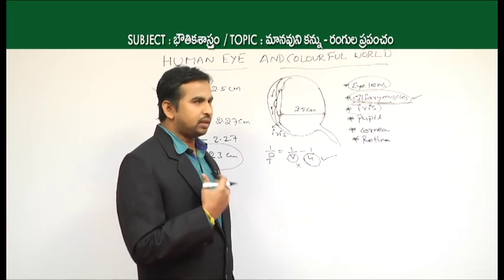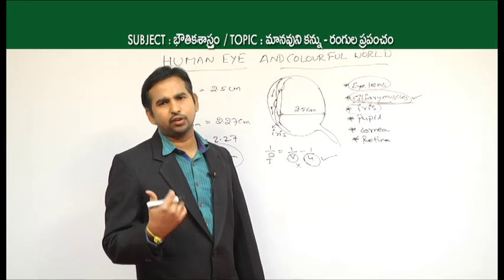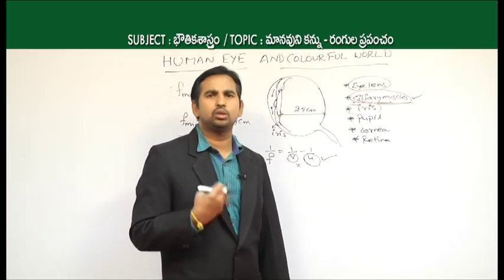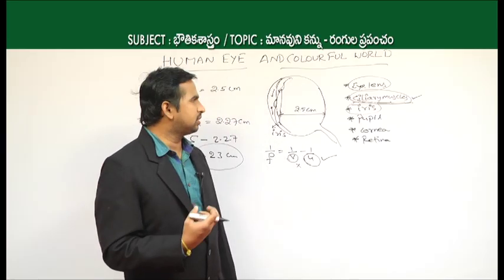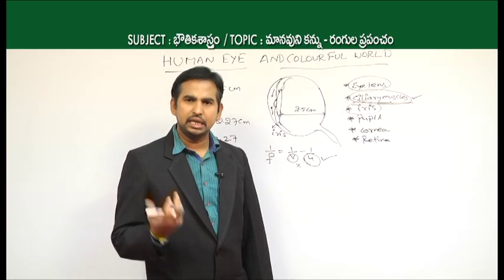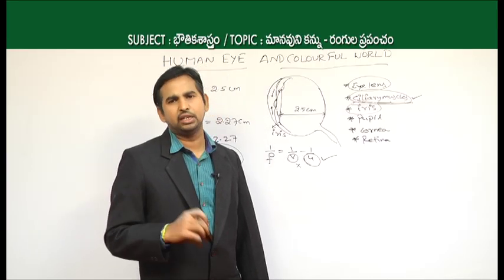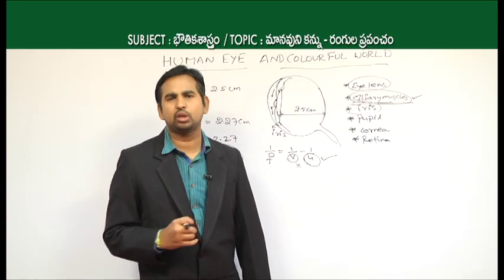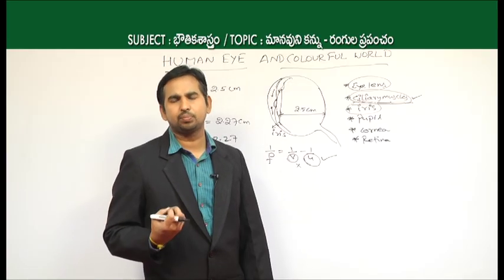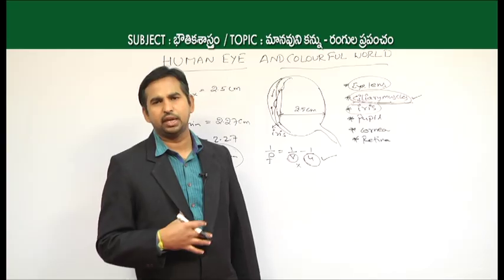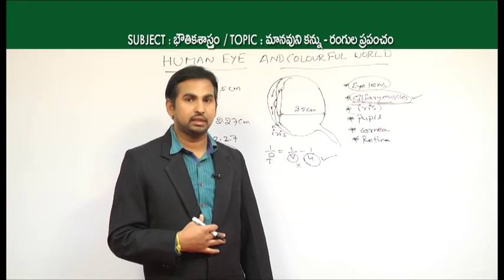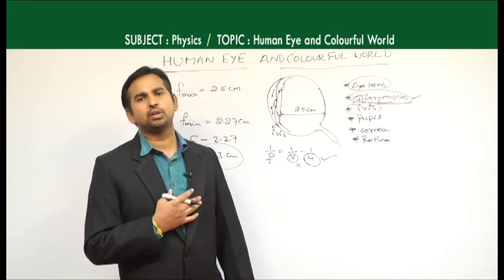So depending on the intensity of light or the amount of light coming onto the eye lens, the ciliary muscles adjust the focal length. At the same time, the iris adjusts the passage for the light rays to come inside. Whenever the passage is wider, more light rays may enter. Whenever the passage width is less, fewer light rays may enter.